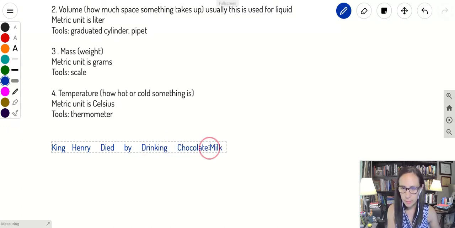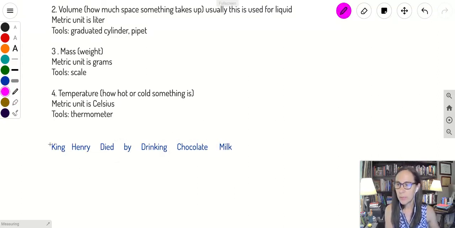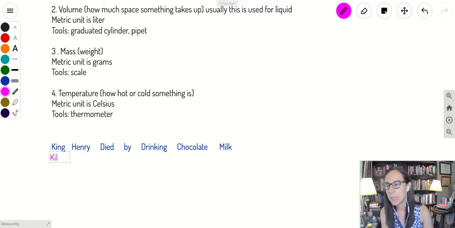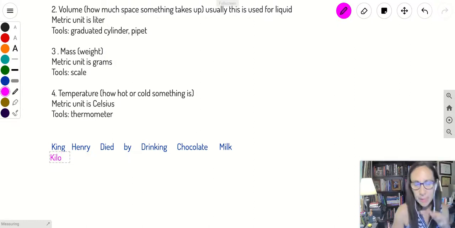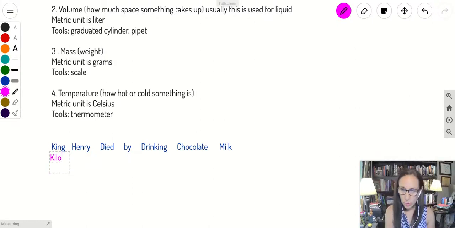It's pretty good. Okay. So underneath here, I'm going to write a different color. The K stands for kilo, not kilometer, kilo. And kilo represents 1,000.